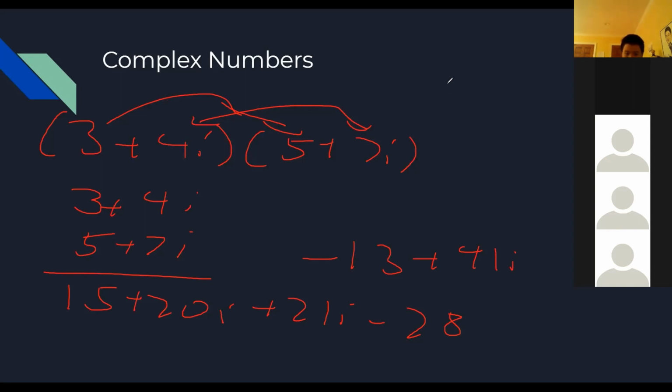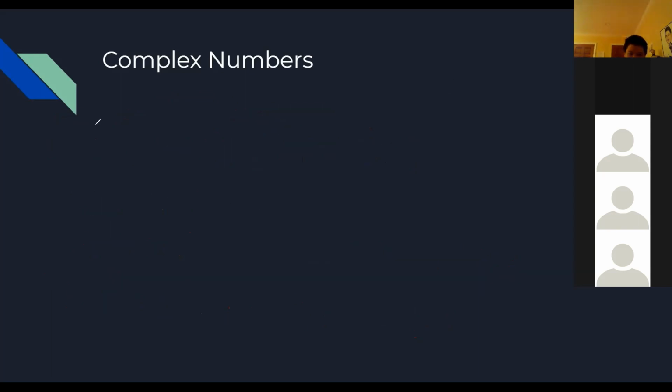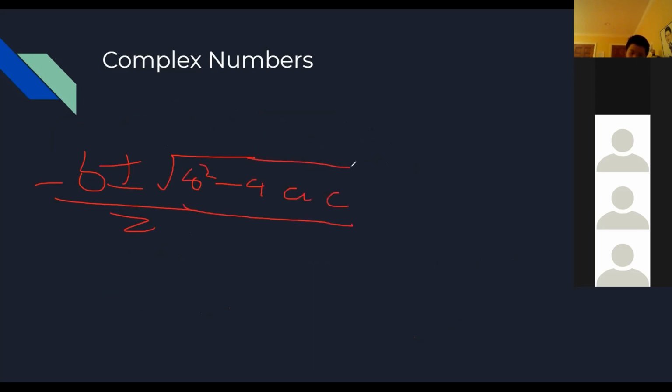Another thing I should talk about is complex numbers in relation to quadratics. So I've talked about this being the quadratic formula and giving you the solutions to a quadratic. However, let's say x squared plus x plus 40. I'm choosing 40 here because I know it's going to be complex.